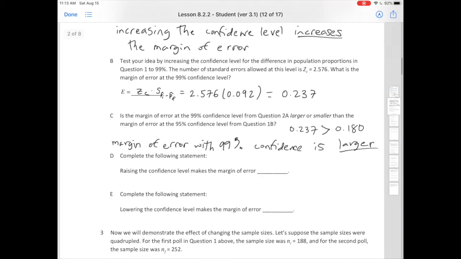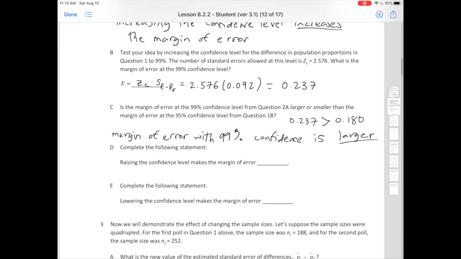So let's look at part D. Complete the following statement. Raising the confidence level makes the margin of error larger. Complete the following statement. Lowering the confidence level makes the margin of error, of course, it's going to have the opposite effect, right? Smaller.